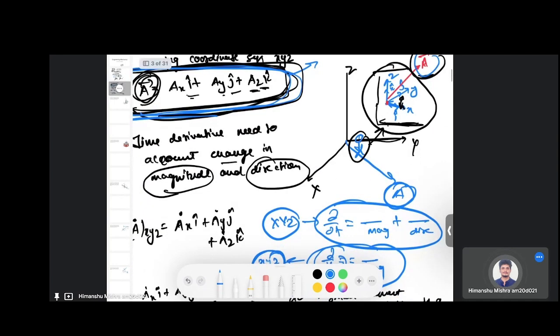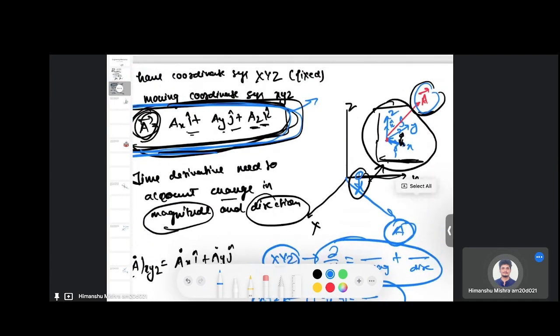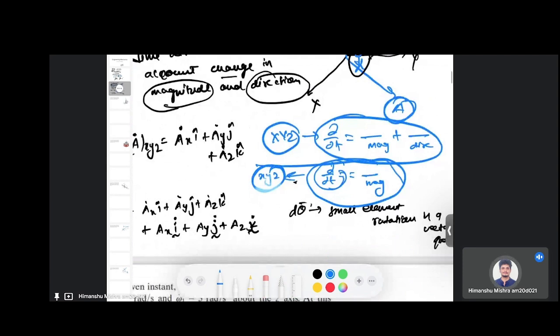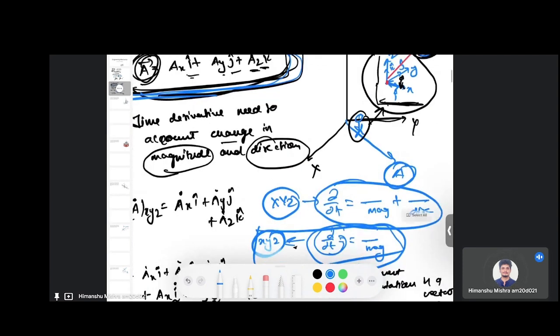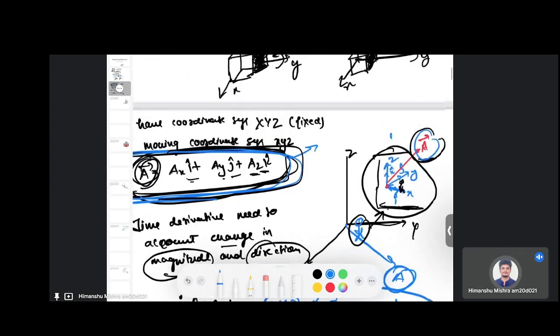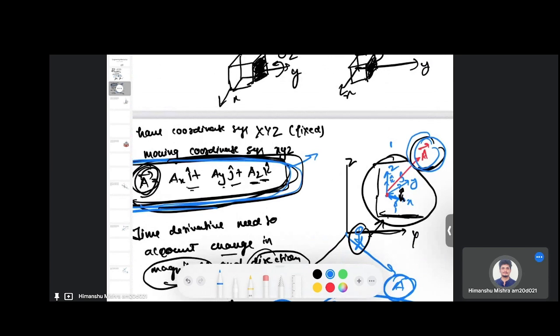Similar concept here. So if you define the vector in the moving frame, then the rate of change of this vector in the moving frame only contains the part which is change in magnitude. If you are in the moving frame, then you cannot see the direction of vector A changing, because the vector A is itself in the moving frame.